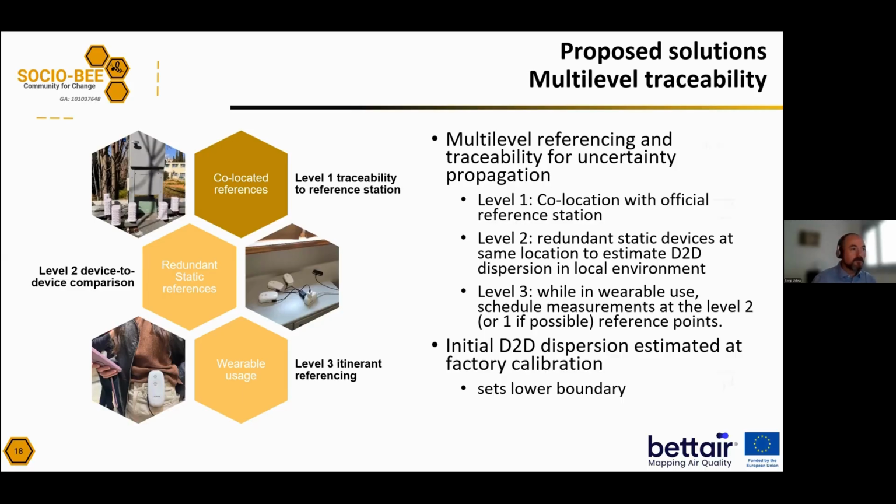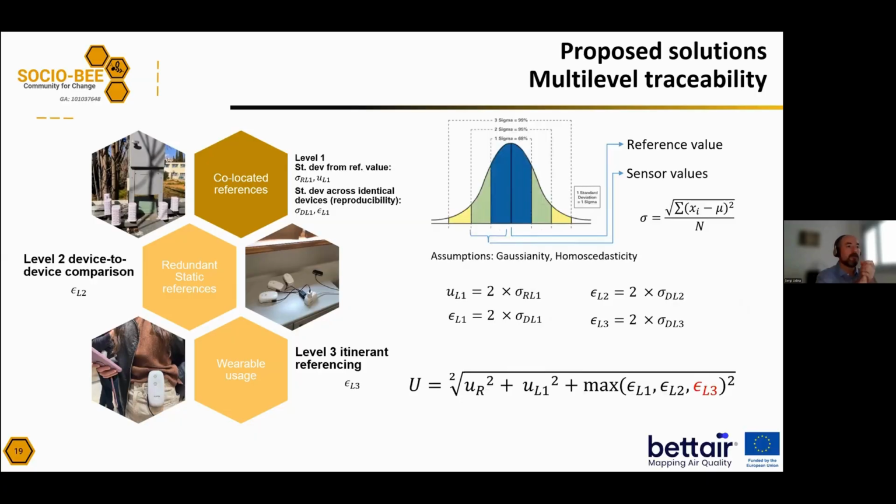Okay, let me see. Yeah, here we are. So here I present the approach we proposed, in the framework of this work, to propagate the uncertainty, which is taking the squared sum of 3 magnitudes. We have the uncertainty of the reference, the main reference that you use, which also has to be traceable, but you have a certified uncertainty.